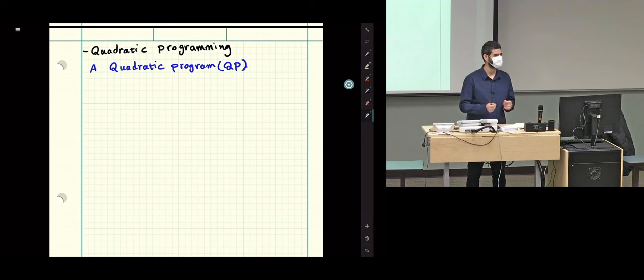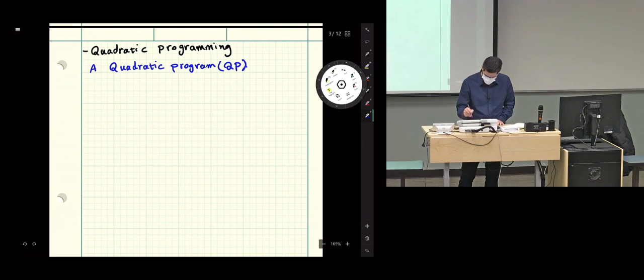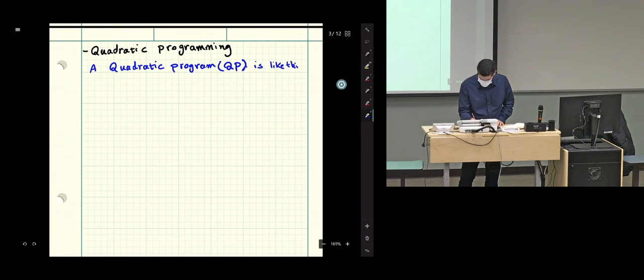I don't know if that's true. It sounded more sophisticated to sell it to people who were paying him. Now, I don't know if that's true, but that makes a lot of sense as well. So anyway, this is a coined term, quadratic program. It is like this. I'm going to insert a picture from the book.